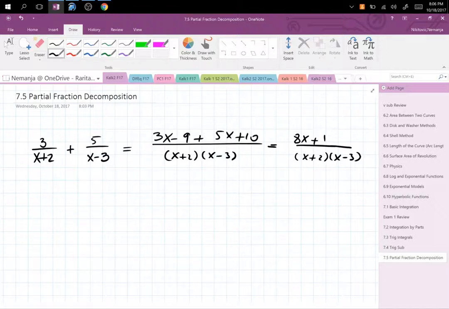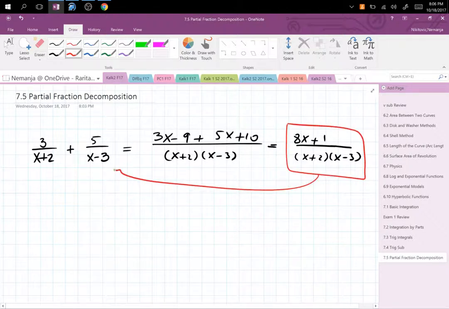Partial fraction decomposition starts here, and it's looking to obtain this form. So partial fraction decomposition is backwards.